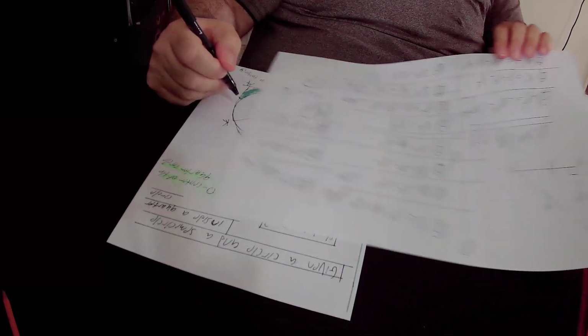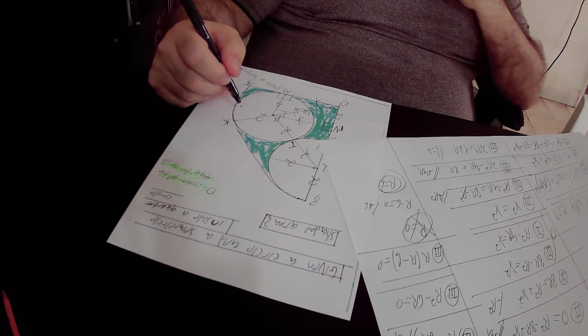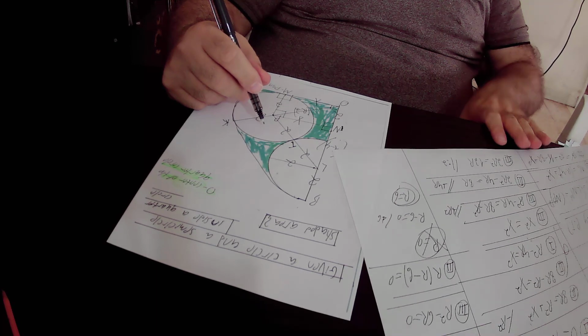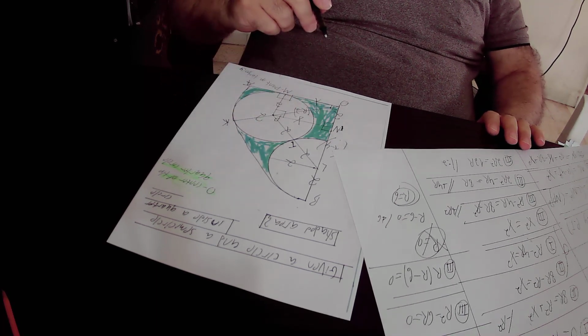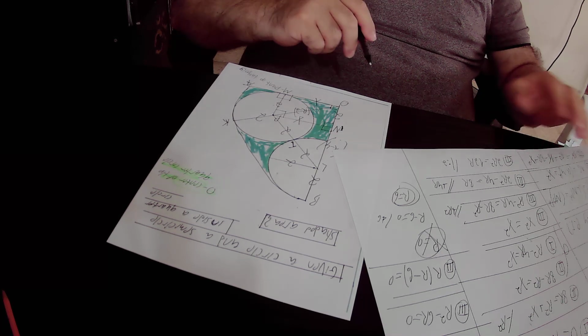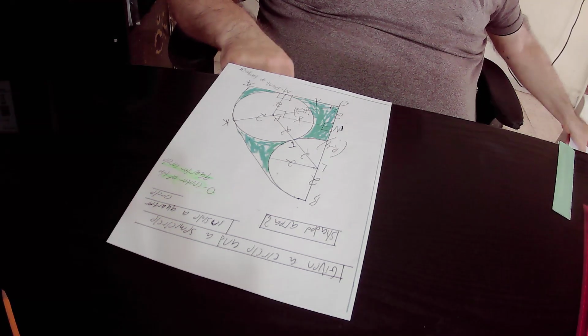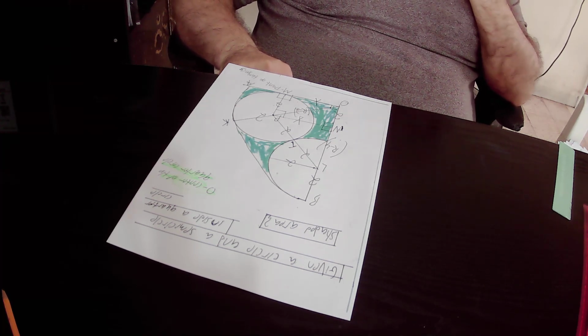R equals 6. So we actually found out that the radius of this quarter circle, capital R, equals 6 units. Now it is very easy to find the area of the quarter circle.